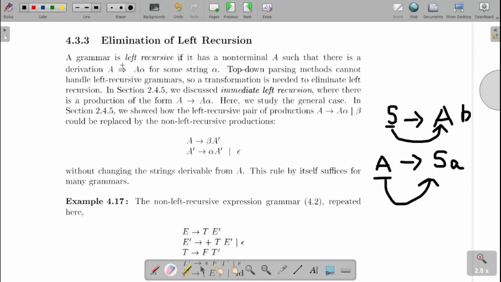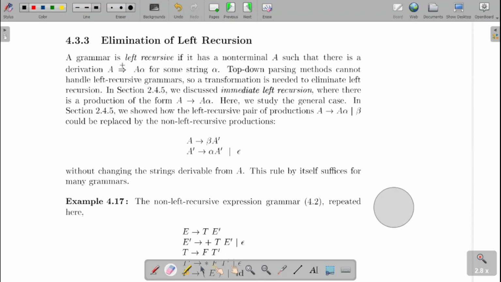Now, how do we handle left recursion? There are two variants. In the first case, let us look at how to handle a single production.